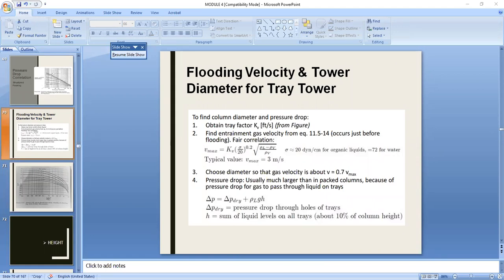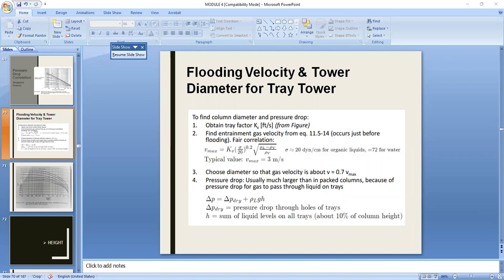If you have saved the set of slides that were given to you last year in the topic of gas absorption and stripping, you will also see the same formula shared to you. So the typical value for the maximum linear velocity for tray towers is 3 meters per second. Meaning more or less the value that you should be able to solve will be within this value range.